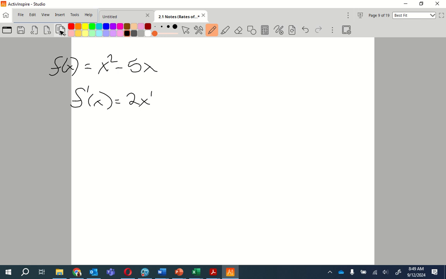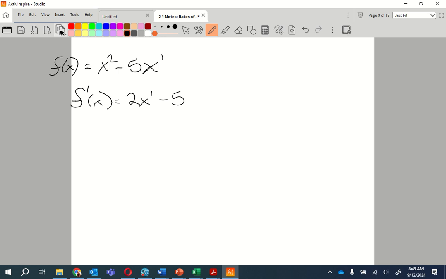I'm going to do the same thing to the next part. Bring this over, so it's minus. What's my exponent over here? It's 1, right? It's implied that it's there. So it's going to be 1 times 5, which is 5.